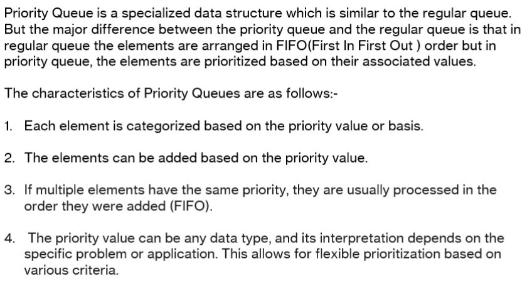The characteristics of a priority queue are as follows. Each element is characterized by its priority value. Elements can be added based on their priority. If multiple elements have the same priority, they are processed in the order they were added, first in first out.